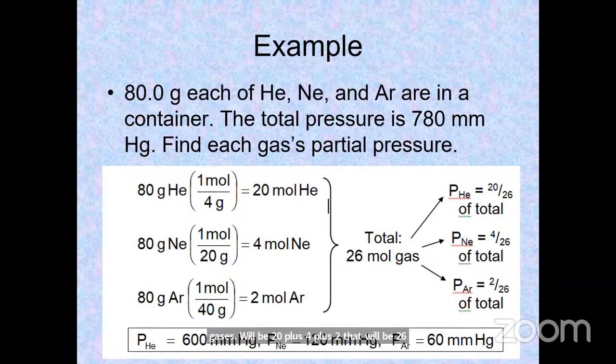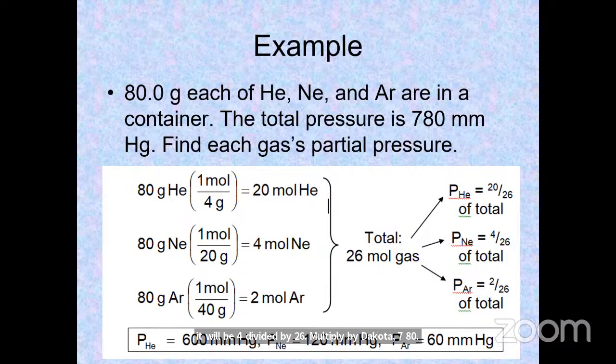Now, to get the partial pressure, our partial pressure will be the mole fraction multiplied by the total pressure. So for helium, for instance, the mole fraction will be the number of moles of helium, 20, divided by the total number of moles, 26, multiplied by 780. For neon, it will be 4 divided by 26, multiplied by the total, 780.